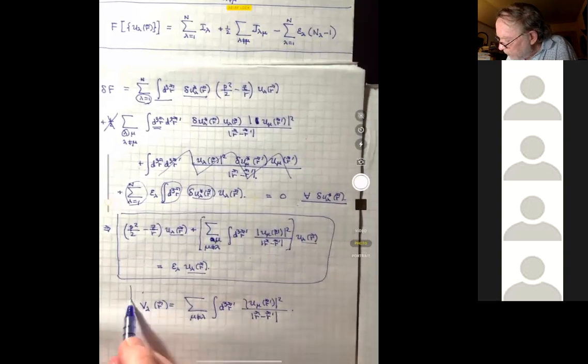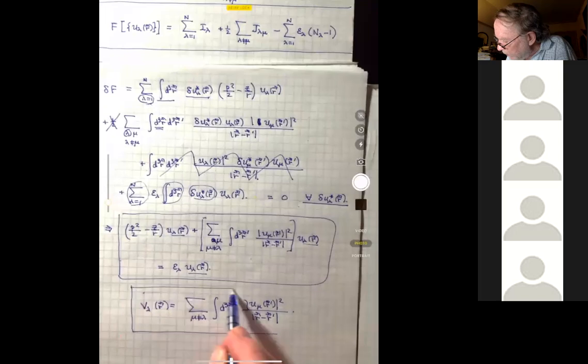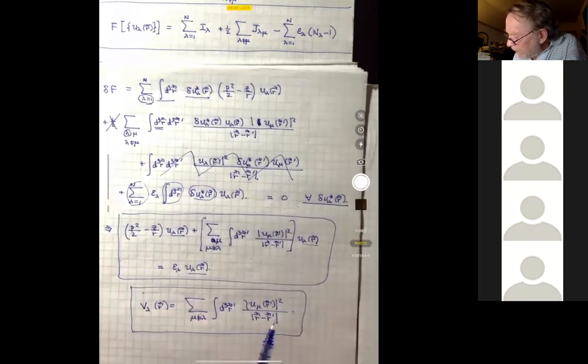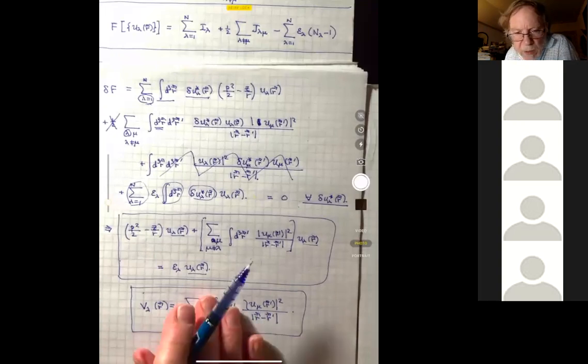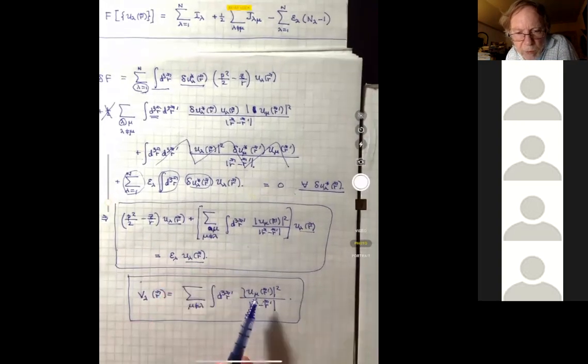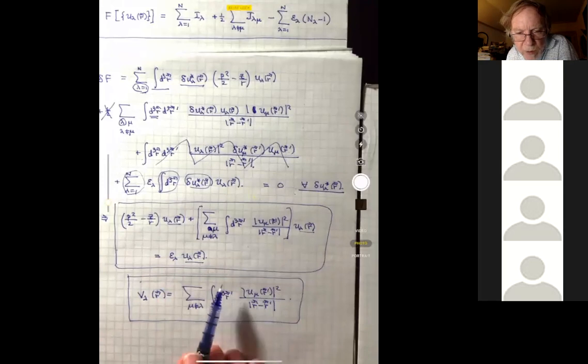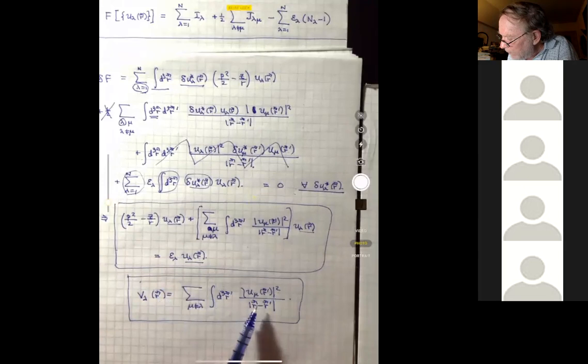And if you interpret what this means, this V of lambda, the meaning of it, in electrostatics, the U mu of r prime is the charge density of orbital mu evaluated at position r prime. We divide this by the Coulomb denominator and integrate over r prime. The result is that this integral is the electrostatic potential seen at field point r, that's where the potential is shown over here, due to electron cloud mu.